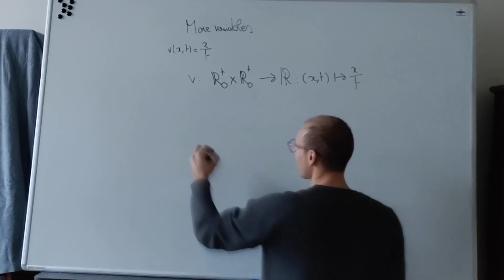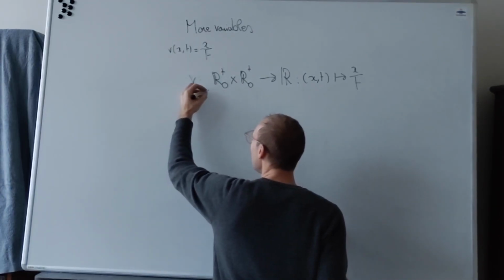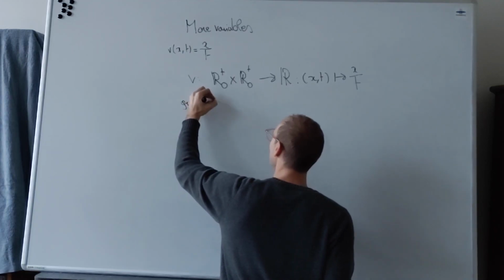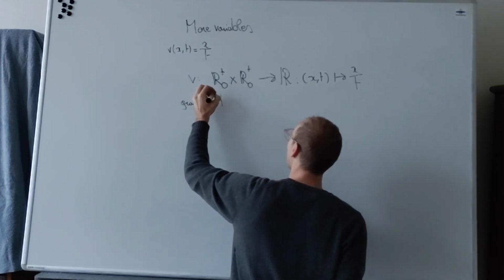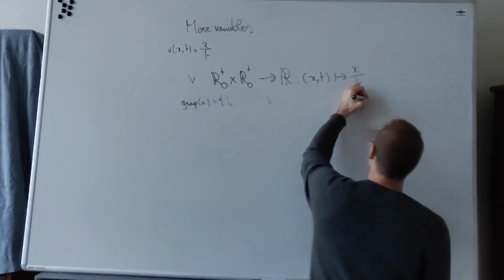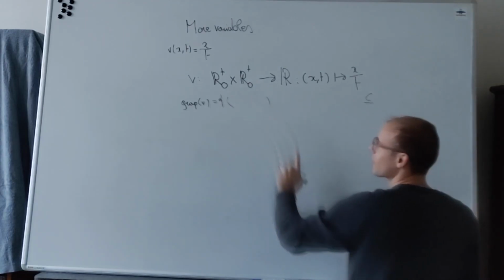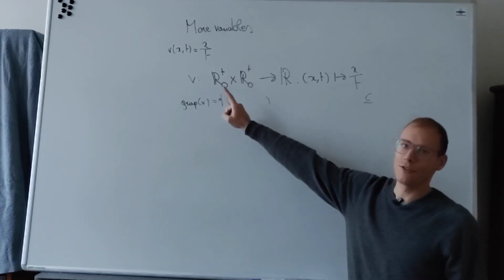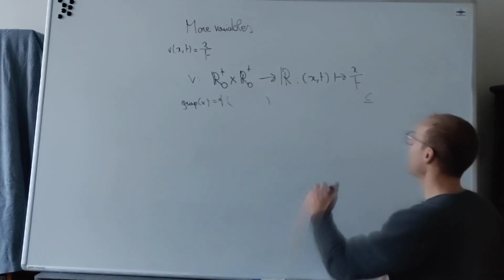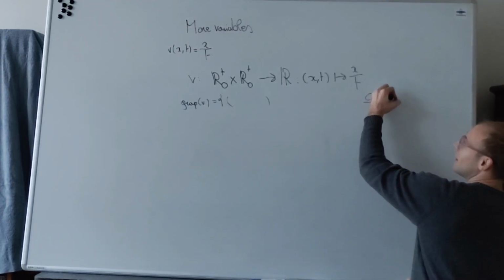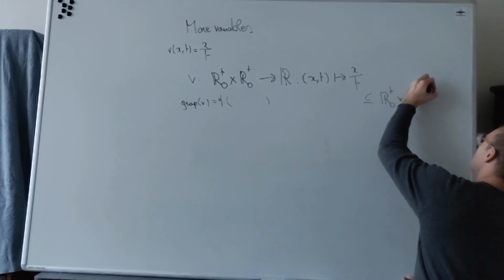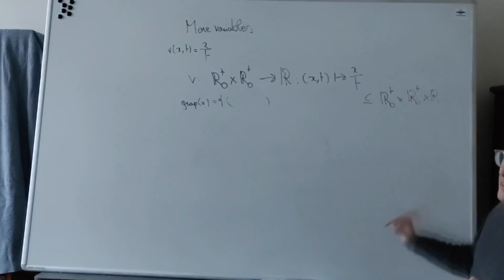And now, of course, v as a relation: if I would say the graph of v, I am working in a subset of the product of this set with this set. So I'm actually working in this set.